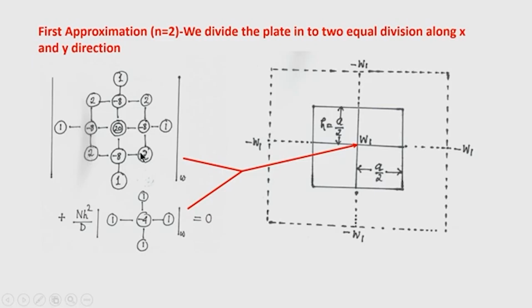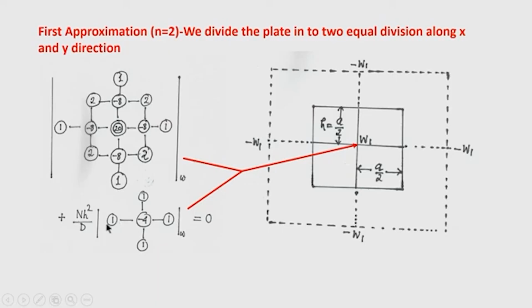Similarly, the circles that you are seeing with coefficient 2, 2, 2, 2 are also falling on the corners, and because of the simply supported edge, the deflection value at all points along the boundary is 0. So, we are getting only 20 W 1 by applying this equation. No other quantity can appear here.